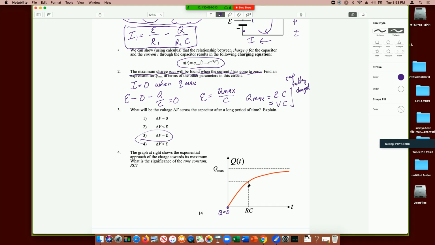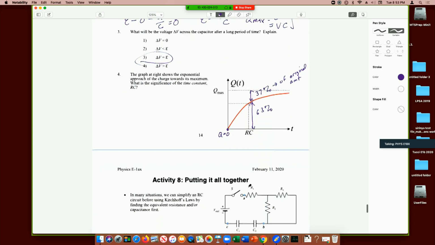So at one RC, it's 63% charged up, and it's got 37% left to go. That's the same definition. It's still got 37% that it can take before it's fully charged.